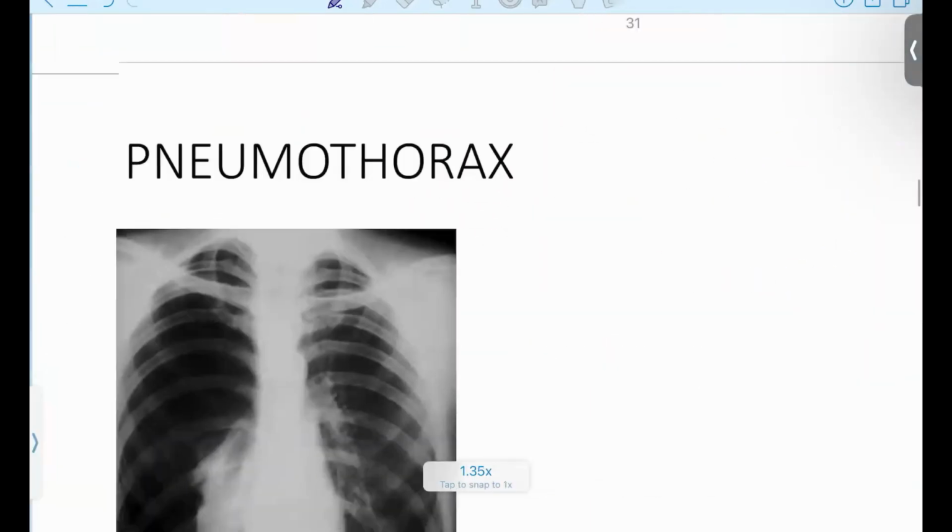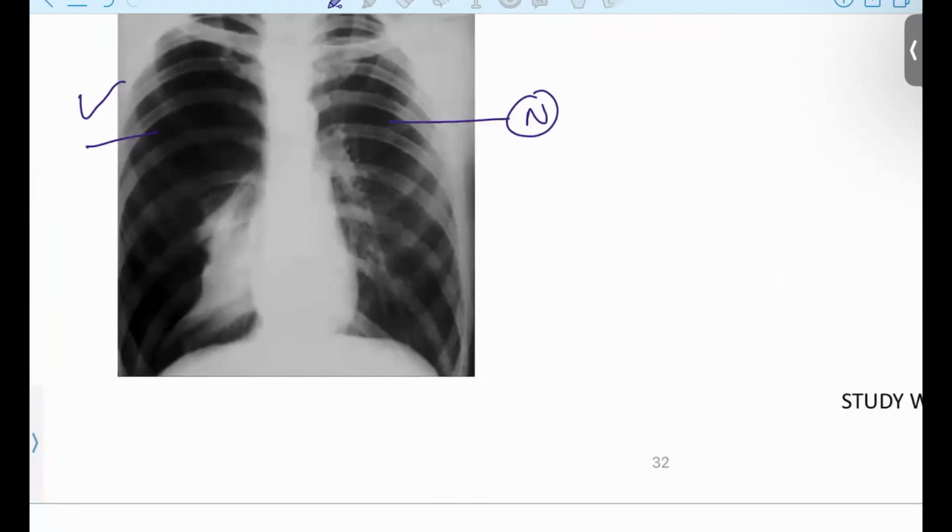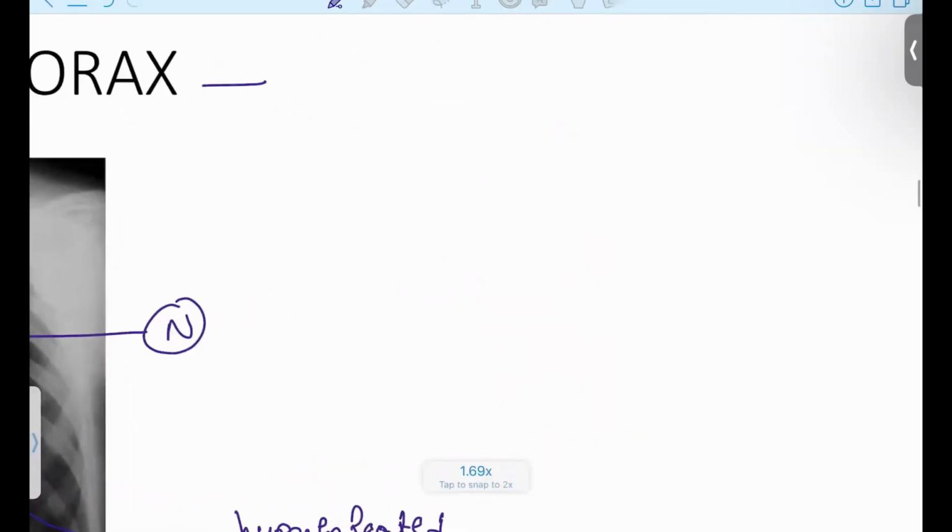Next one is pneumothorax. In this pneumothorax patient, you can see this is the affected side and this is normal. Likely this patient is having a collapsed lung on this side. This is already collapsed. And here this is completely hyperinflated. Hyperinflated lung you can see. What is the one thing that you have to notice in this patient?